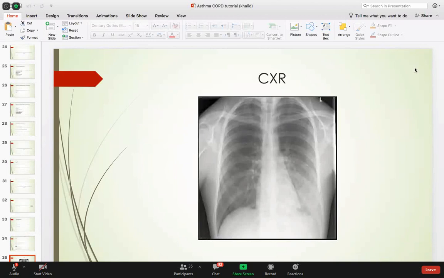Okay. This is his chest x-ray. What do you guys see in his chest x-ray?